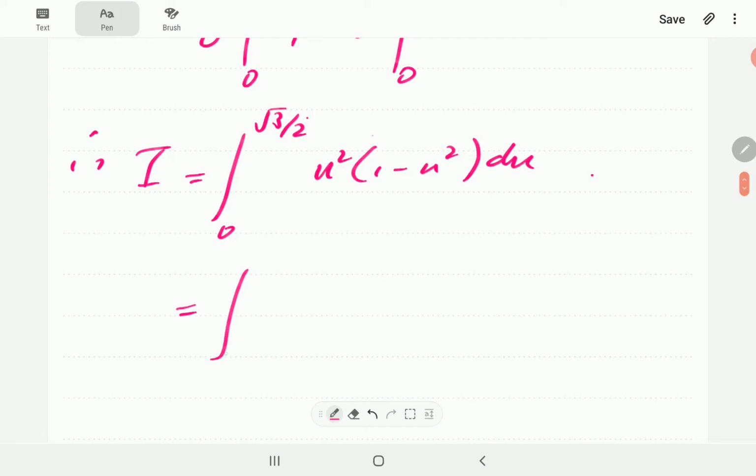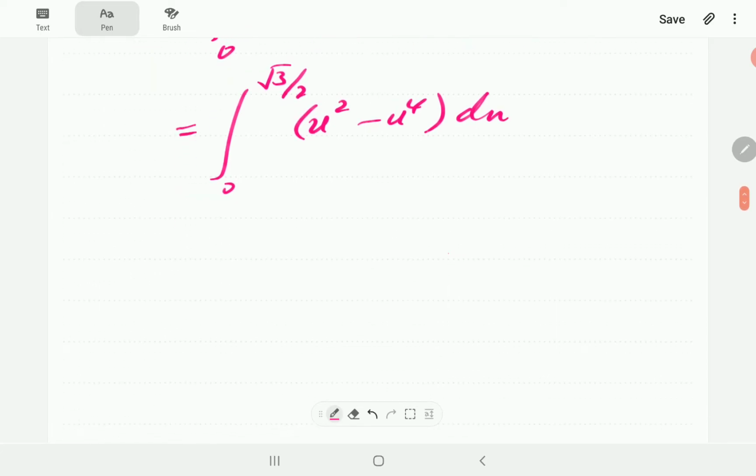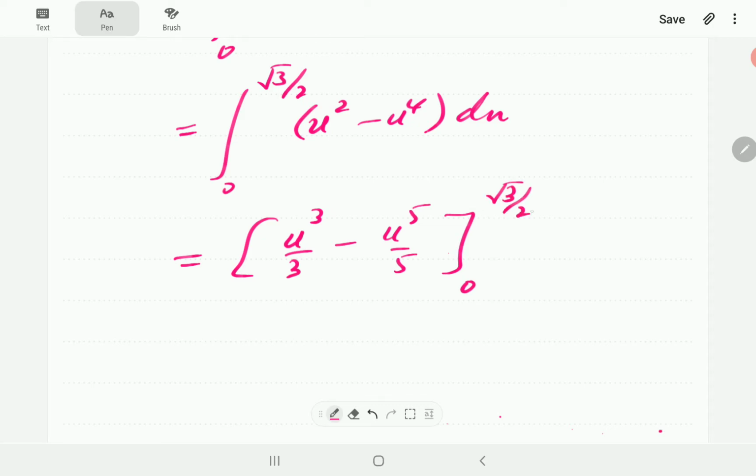If we clear the brackets, this is simply going to be u squared minus u to the power 4. So it's just an integral of a polynomial. It's going to be u to the power 3 over 3 minus u to the power 5 over 5, evaluated between 0 and square root 3 on 2.